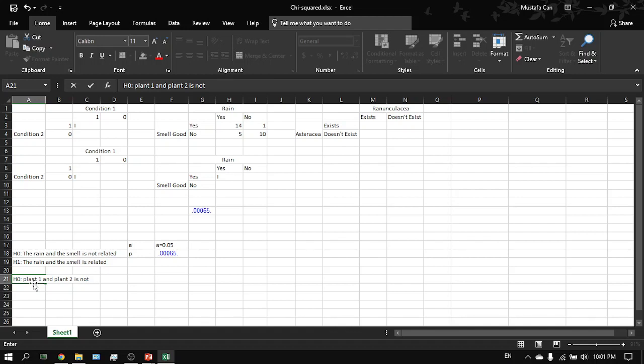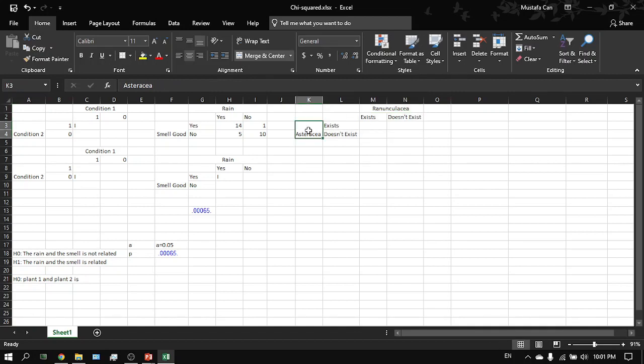Let's assume you find that plant one and plant two are linked. What would you say for this? They live together, for something. This one can be leaching from that one, or have a positive relationship with it. They exist together.